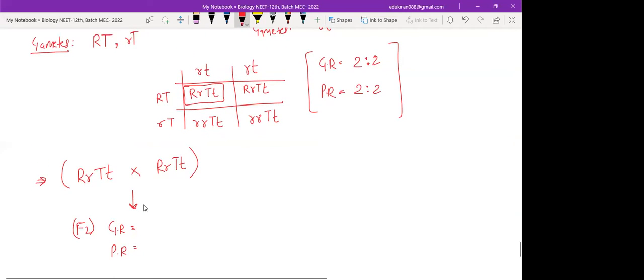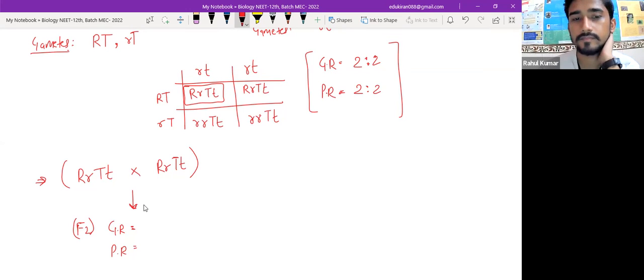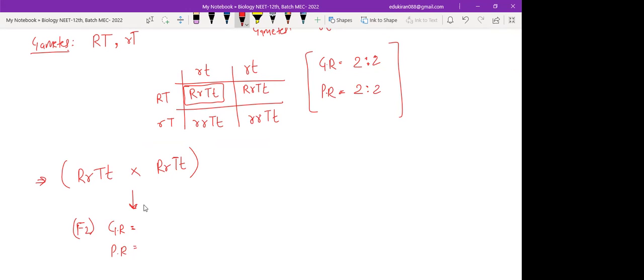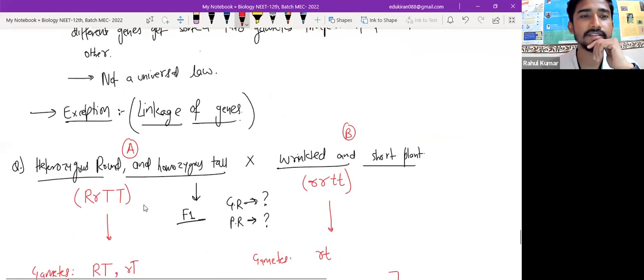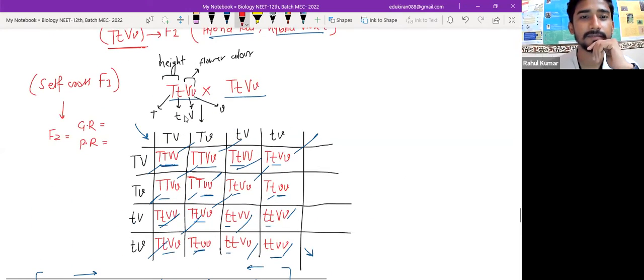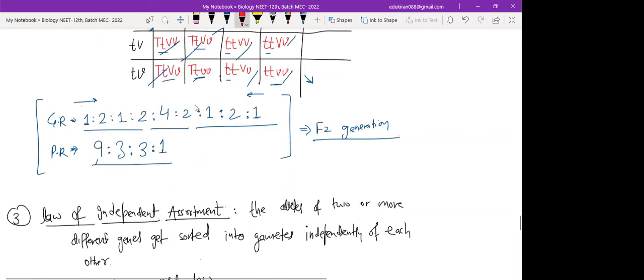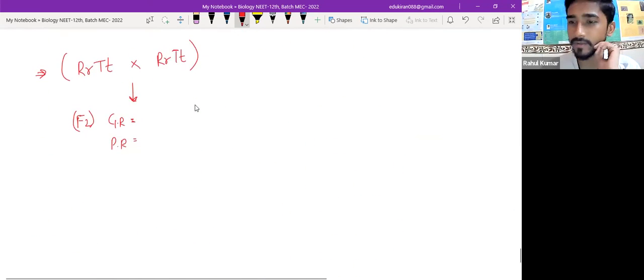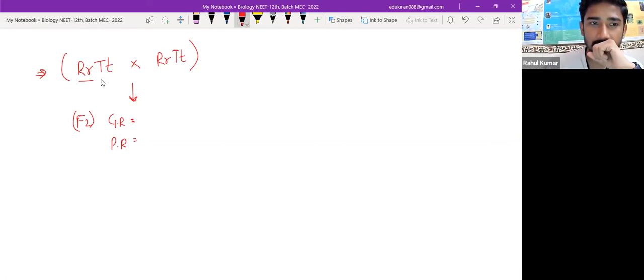Phenotypic ratio will be 9:3:3:1. And genotypic ratio will be 1:2:1:2:4:2:2:1:1. And how did you do that? Because it's same like the last cross, right? So you just have to remember, people, that both the parents are heterozygous for both the genes, right?